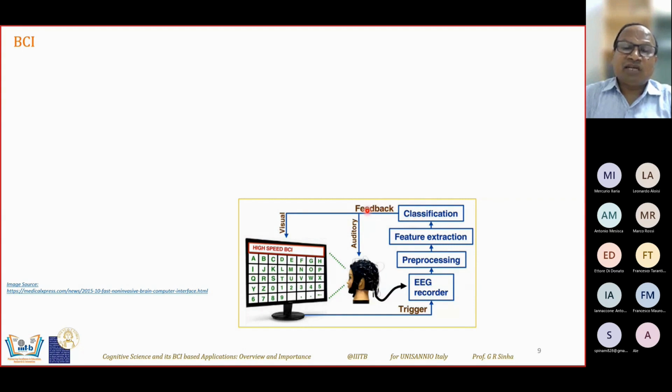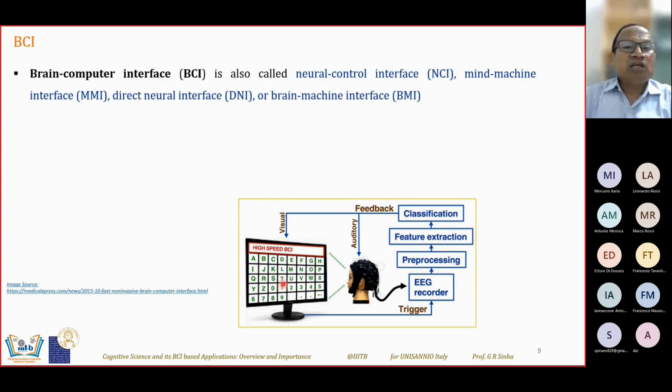Accordingly it may be sent to feedback, or it can perform some computing operation, or it can generate some command for a robotic or other kind of operation. So you can clearly see that there is an interface between the human brain and the computing device. This is what is called BCI. It is also sometimes called the neural control interface, NCI.